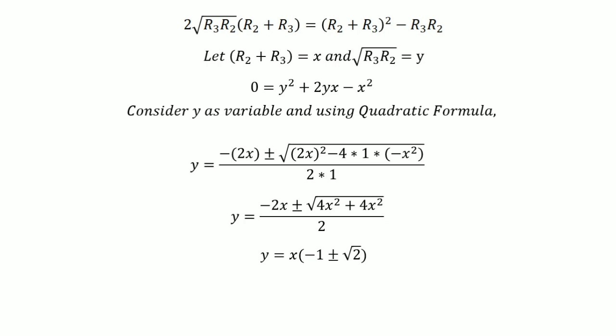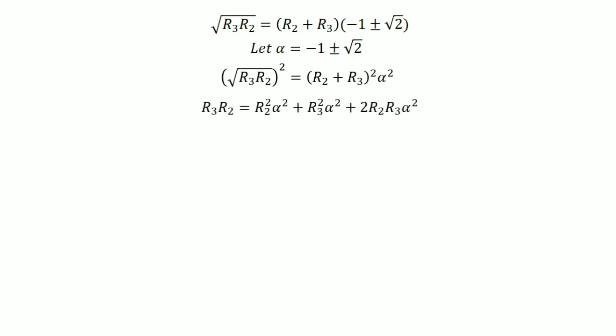Now putting the values of y and x, we get this. Now let alpha equal negative 1 plus or minus under root 2, and putting the alpha and squaring both sides and using the a plus b whole square formula, we get this.